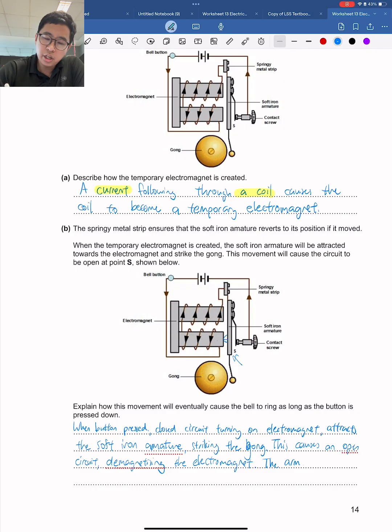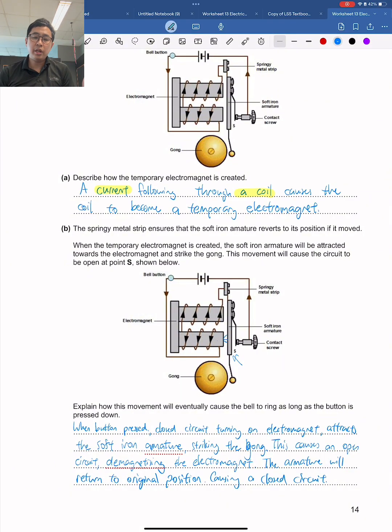So then after, you can say the armature will return to the original position, causing a closed circuit.